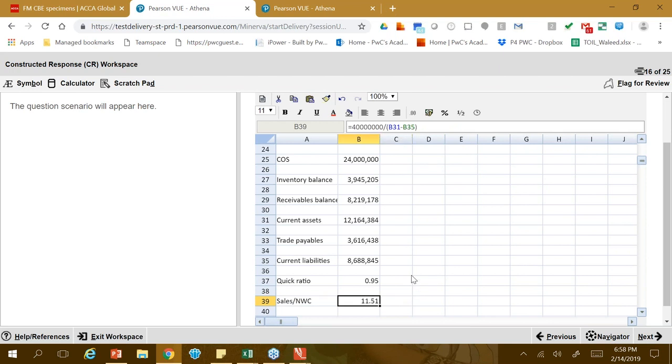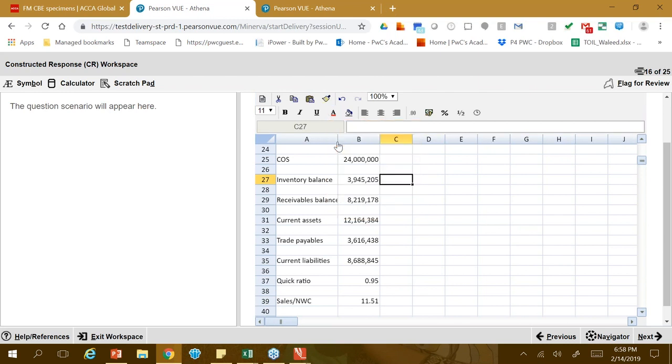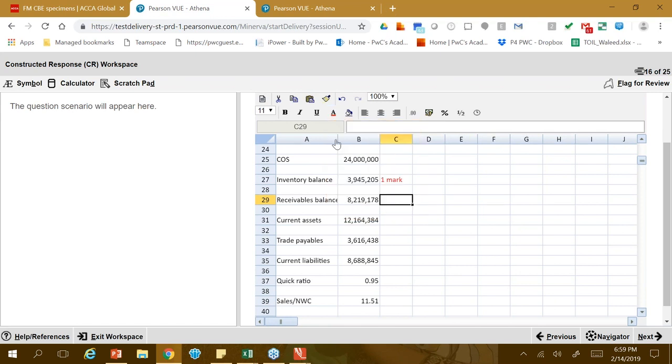And that's it. So that is my 5 marks here, which were split this way. You would have got 1 mark for doing this, half a mark for doing the receivables, and half a mark for doing the current liabilities.